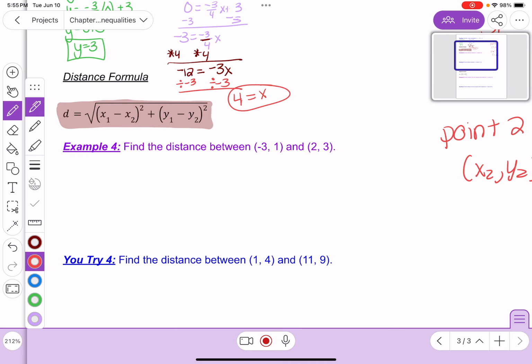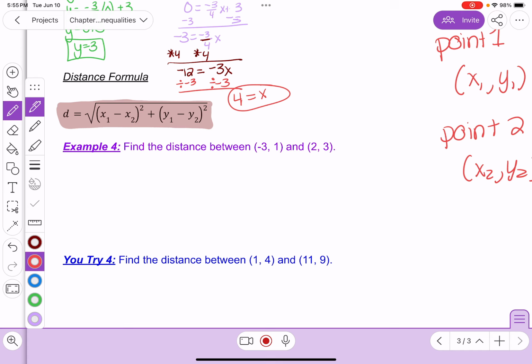We're going to subtract the x's, square them, subtract the y's, square them, add them together, and take the square root. So big square root, we're going to do x1 minus x2, so negative 3 minus 2 squared.